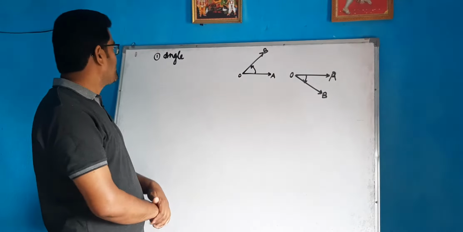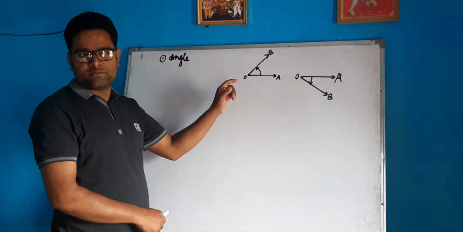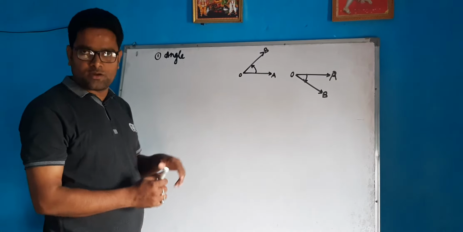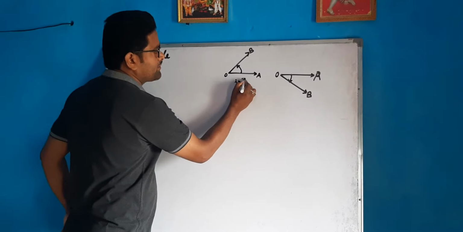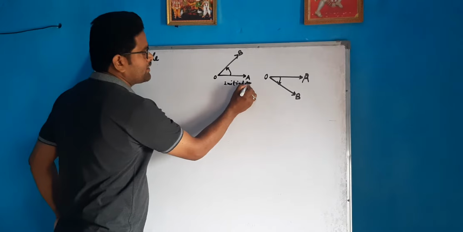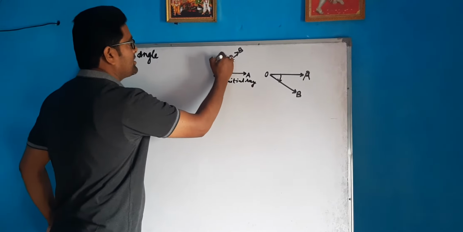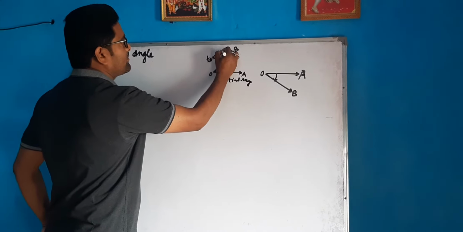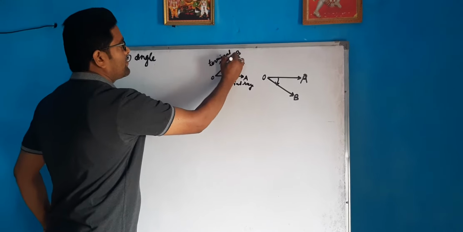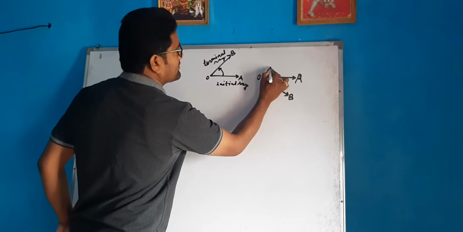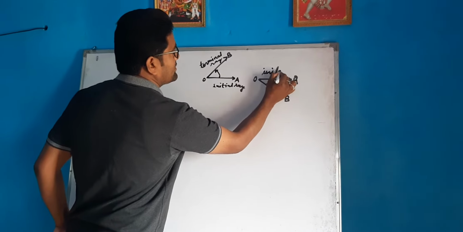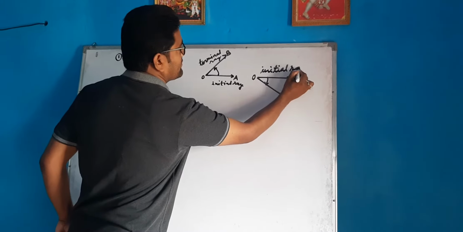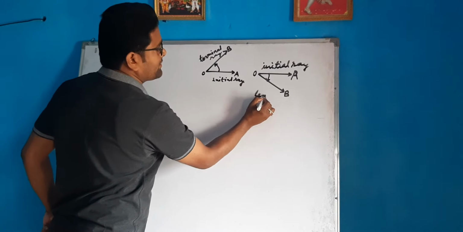So what is an angle now? You can define it as the measure of rotation from the initial ray to the terminal ray. This is the initial ray and this is the terminal ray. Here also the initial ray is here, that is the initial ray and it is the terminal ray.